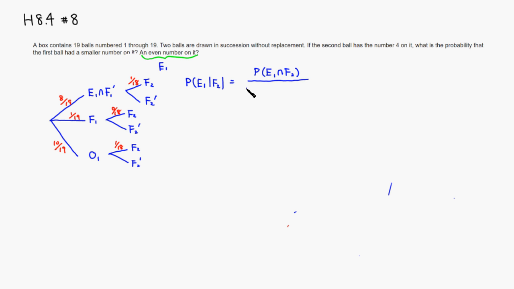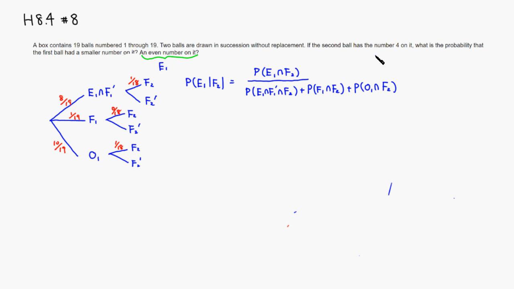What we can do is the probability of E1 intersect F1 prime intersect F2, plus the probability of F1 intersect F2, plus the probability of O1 intersect F2.